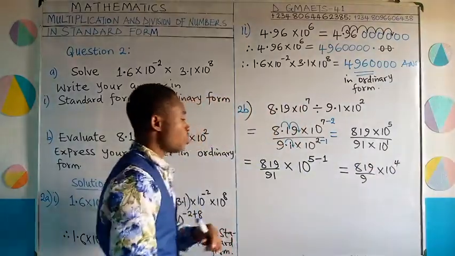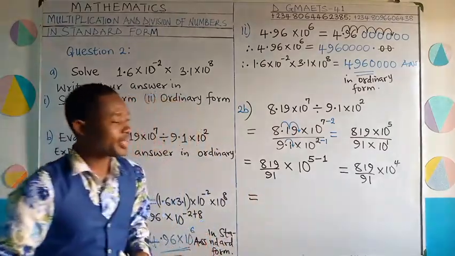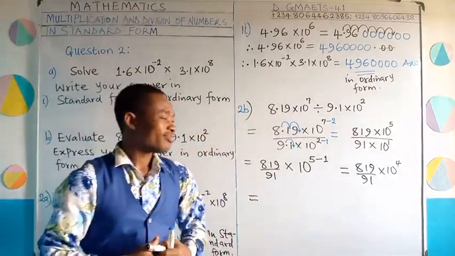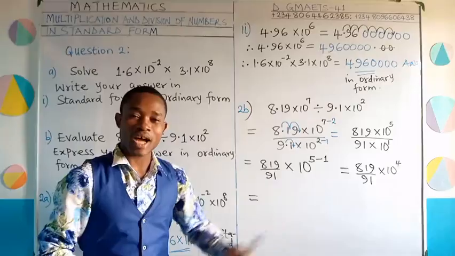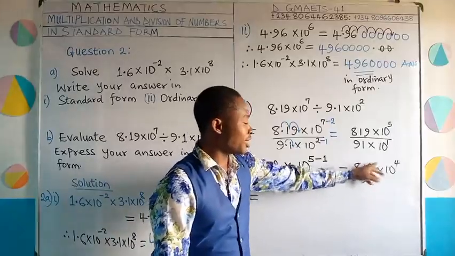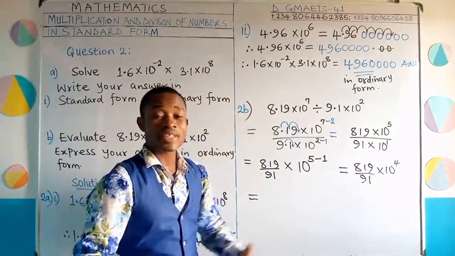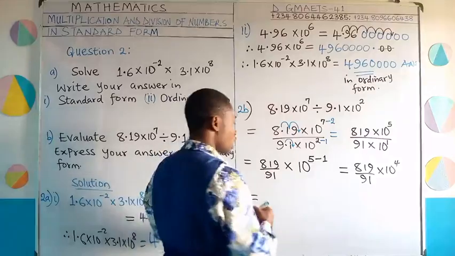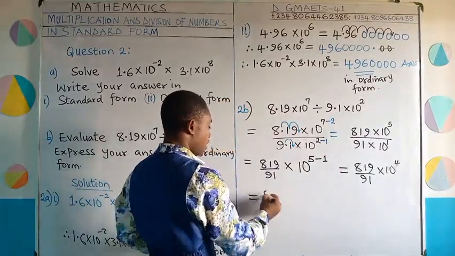Let's do this division and see what we are going to get. This is 91. 819 divided by 91. If you're good at your multiplication, you can handle this straight on. You'll notice that 819 divided by 91 would give you a whole number, which is 9. So I'm going to write that straight on. 819 divided by 91 will give us 9.